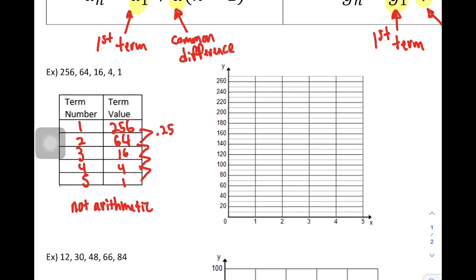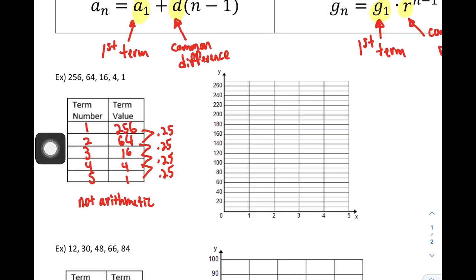It may give you a fraction of 1 over 4, and 1 over 4 represents the same number. Then let's continue with this pattern. Remember, the bottom divided by the top. So 16 divided by 64 is 0.25. 4 divided by 16 is 0.25. And 1 divided by 4 is also 0.25.